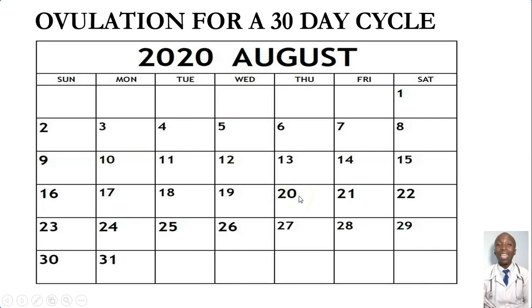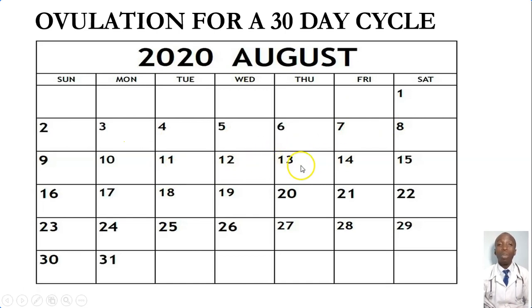And as we are summarizing in today's video, we've talked about the calculation of the date of ovulation for a cycle. We have said that if you started your periods on this date, you calculate your ovulation date by simply beginning from the first day you saw your periods and then counting 14 days.